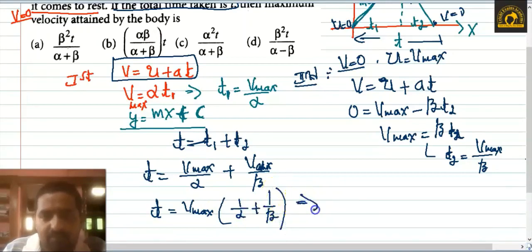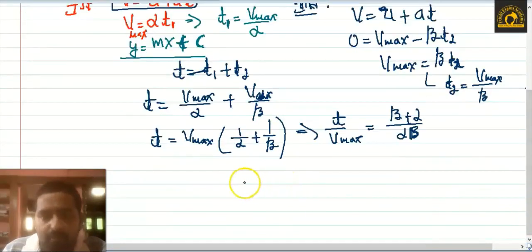After simplifying, T divided by V maximum is equal to alpha plus beta divided by alpha into beta, the LCM.